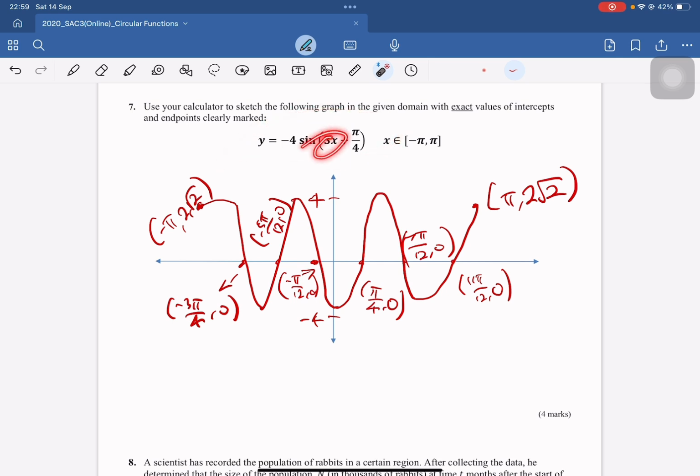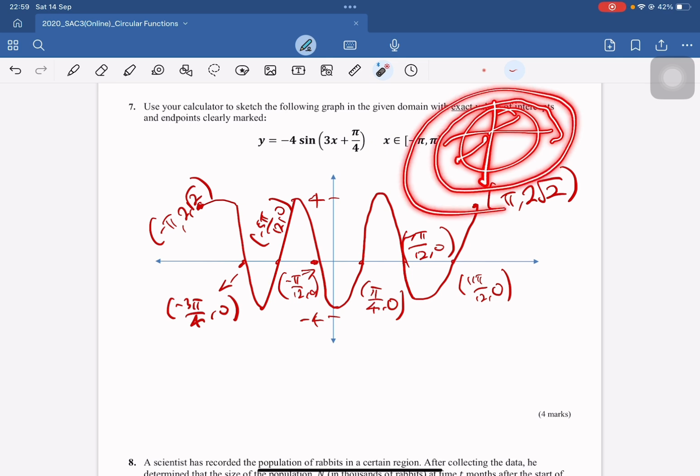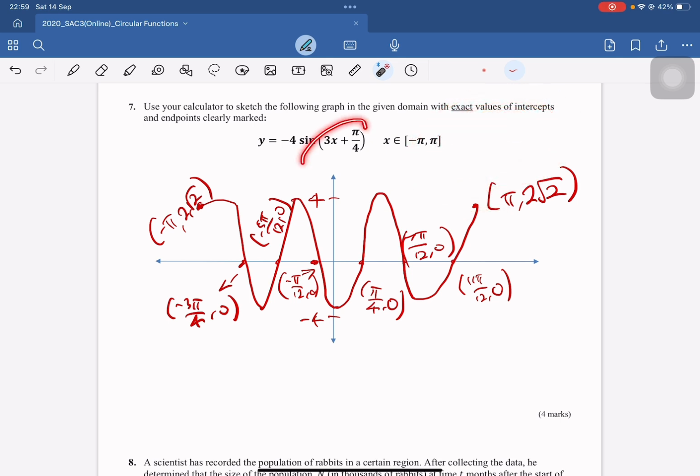So you're going to have to draw the unit circle again. You have to find out which angle it's positive or negative in. You have to go around and around. And then you get rid of the pi over 4 to the other side and you divide everything else by 3. And so that's how you get the intercepts. That's basically it.